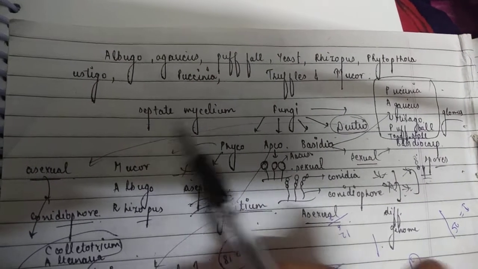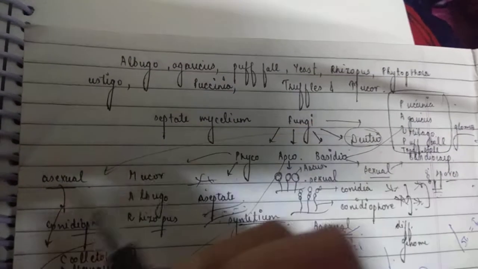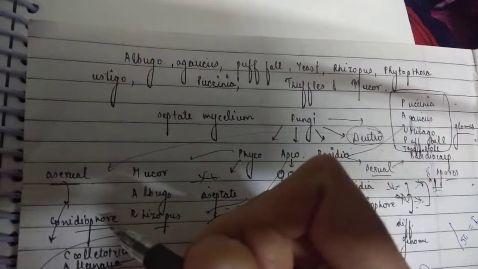Now we can simply answer this question. We are asked to find the septate mycelium. So Albugo is a Phycomycetes, so it is aseptate. We have to remove the Phycomycetes because they don't have septate mycelium. All others are septate.